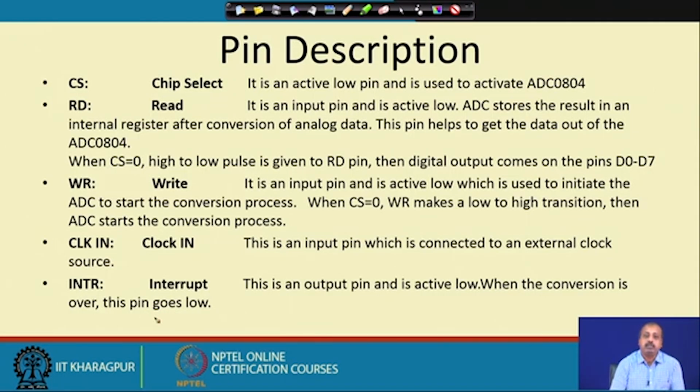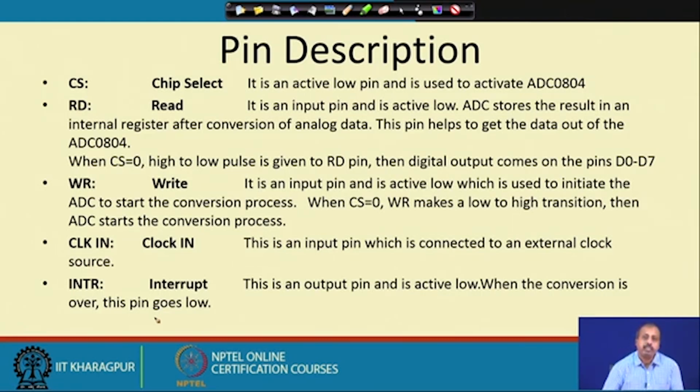Think about the situation where you have connected one ADC with a microcontroller, and the microcontroller has given the CS bar and write bar signal and given a low to high transition on write, so that it starts converting. Now, depending upon the type of ADC, it will take some amount of time to do the conversion. So, what does the microcontroller do in that period of time?